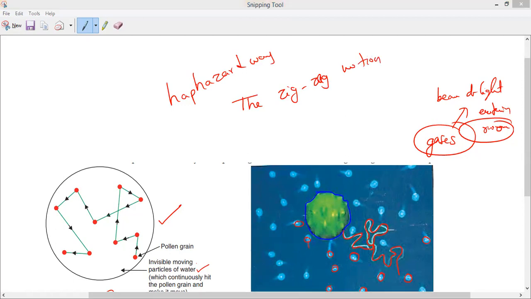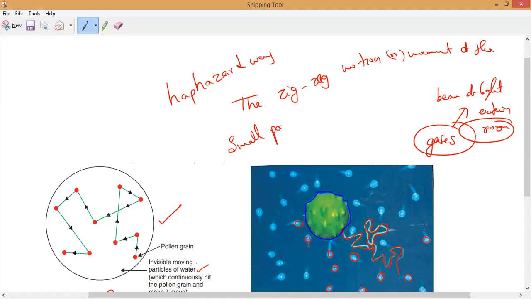The zigzag motion or movement of the small particles suspended in a liquid or gas is called what, Tanishka?